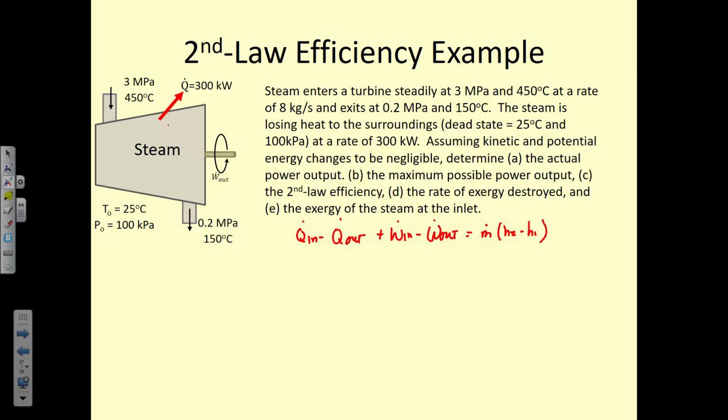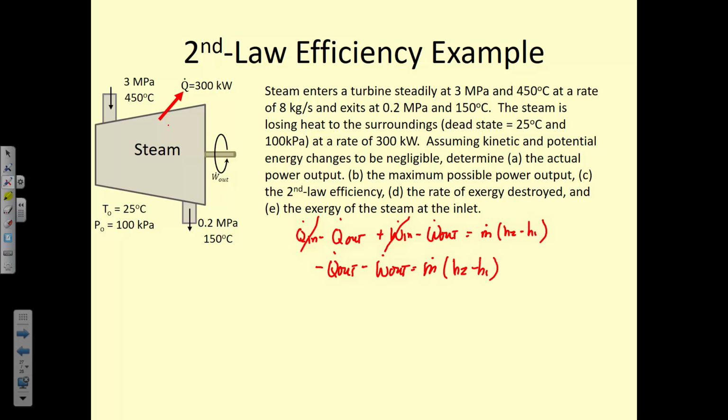For this energy balance, do we have any Q in? No Q in. Do we have Q out? Yes. Do we have work in? No. Work out? Yes. Okay, so we have negative Q dot out minus work dot out is equal to m dot times H2 minus H1.